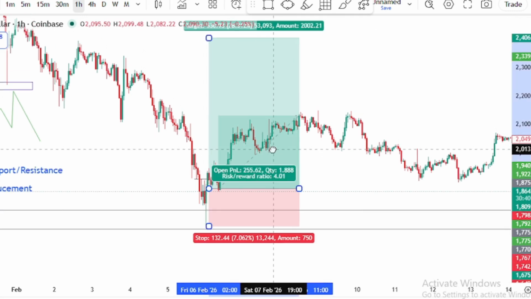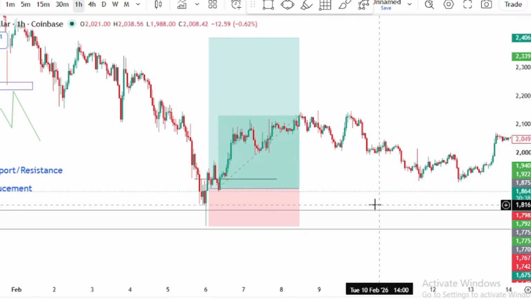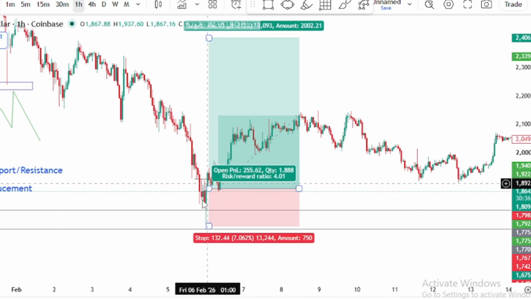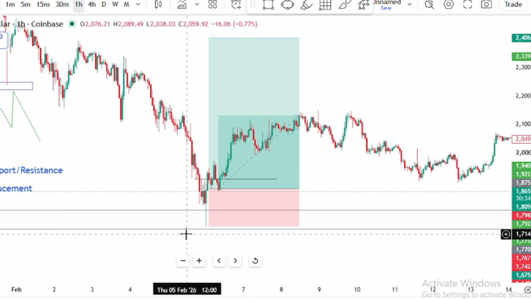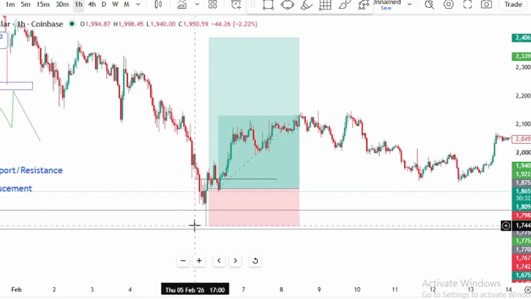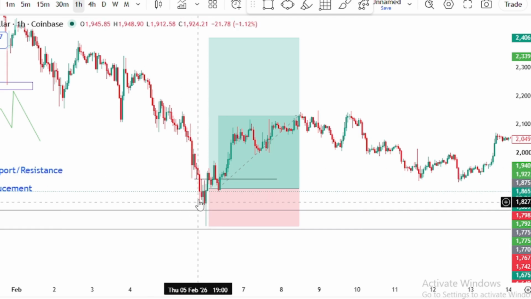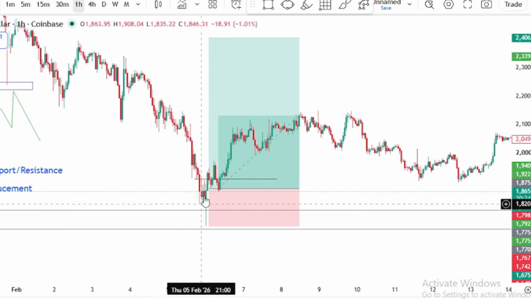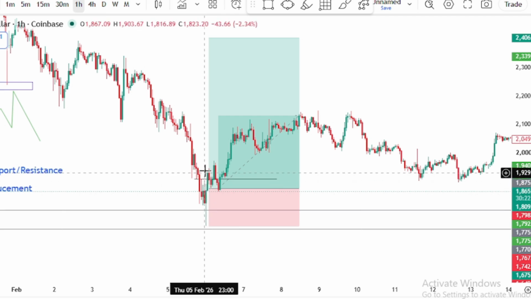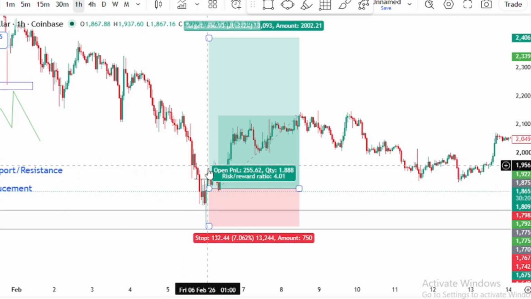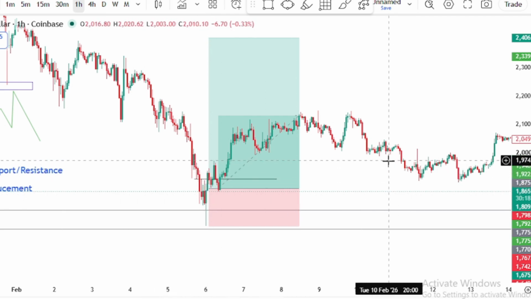If you play like this, you have this. So there is a support level. When price traded into the support level, it created change of character, as you can see from this diagram. After creating change of character, wait for inducement to be formed or inducement to be taken out.